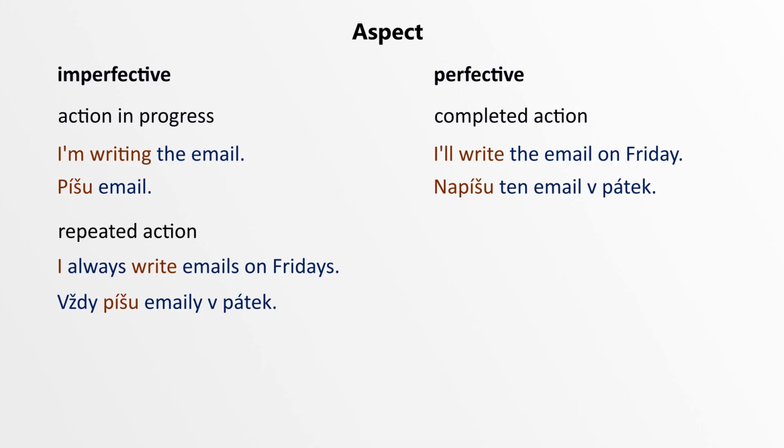You've probably noticed that these verbs look very similar. Píšu comes from the infinitive psát, and napíšu comes from the infinitive napsat. So the perfective verb napsat is actually psát with the prefix na.